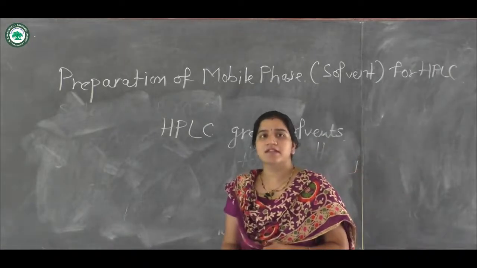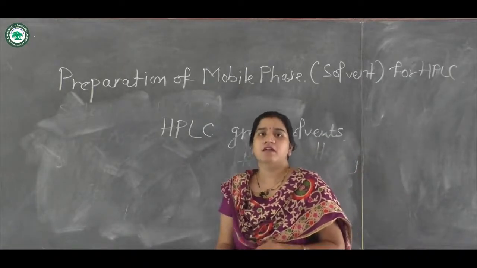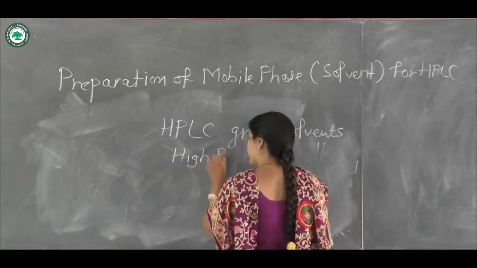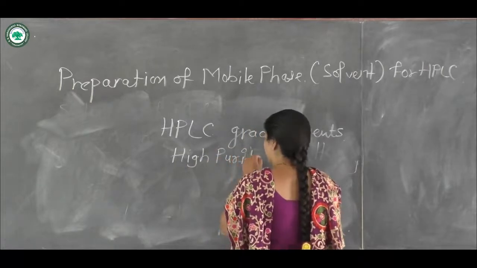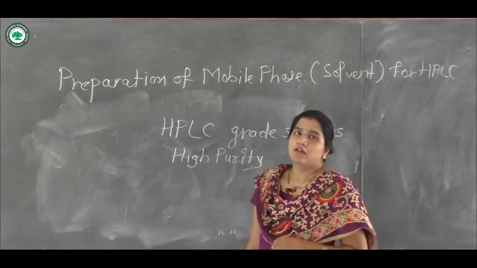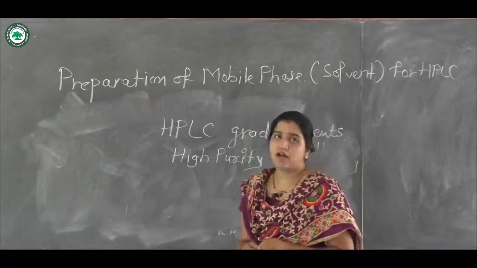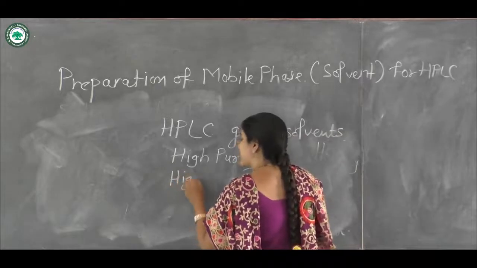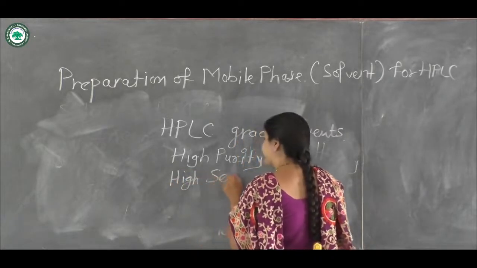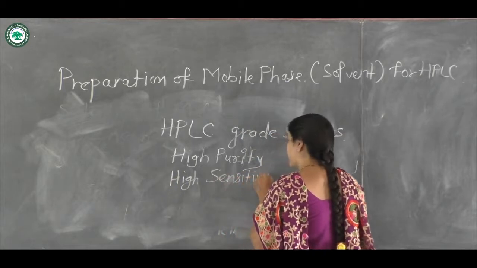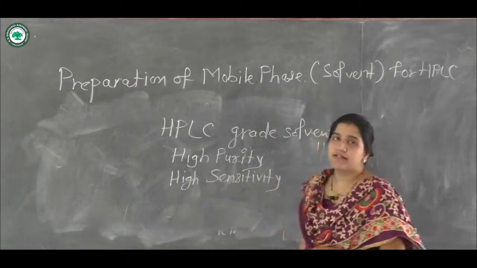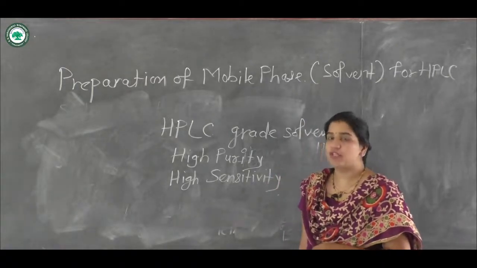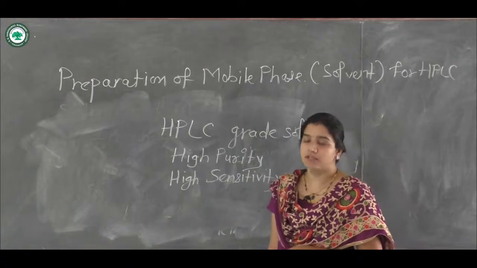These HPLC grade solvents have a high purity, and as HPLC is a highly sensitive technique, it can detect impurity up to the ppm level. So it is always preferable to use the HPLC grade solvents which are available in the market.